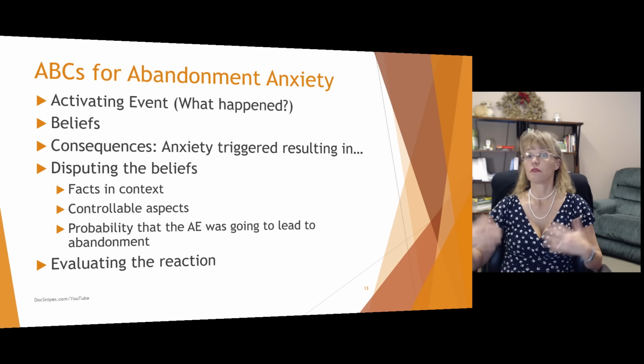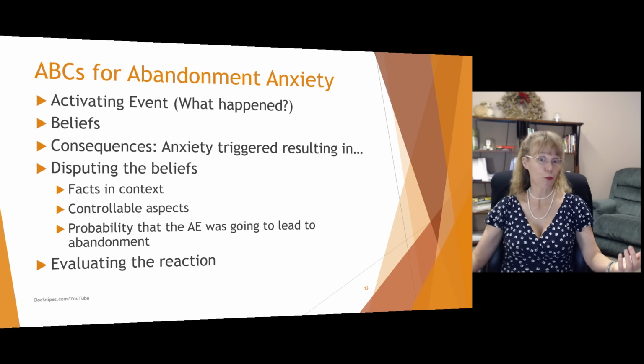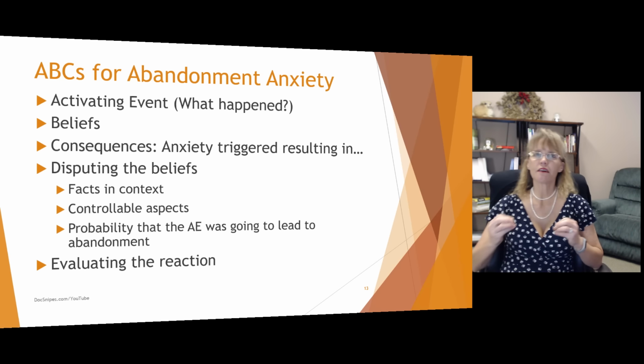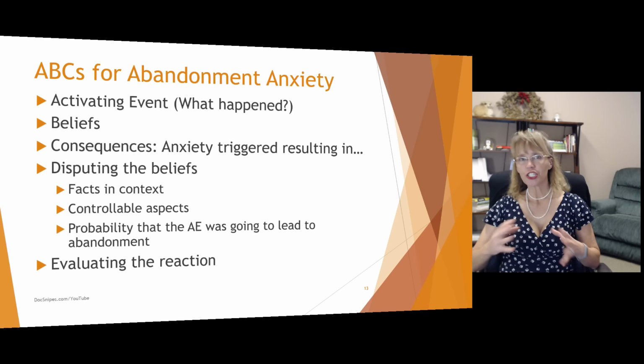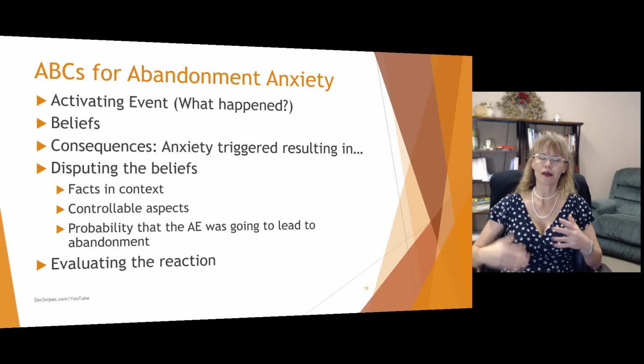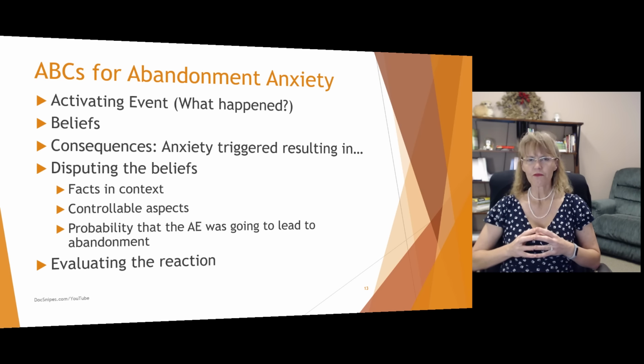For example, apologizing if that was appropriate. And this is where a lot of the relationship skills come in very handy. Learning how to validate people's emotions even if you don't agree, learning how to listen and empathize. We're going to talk about those in a little while. But some of those are the controllable aspects of the situation.